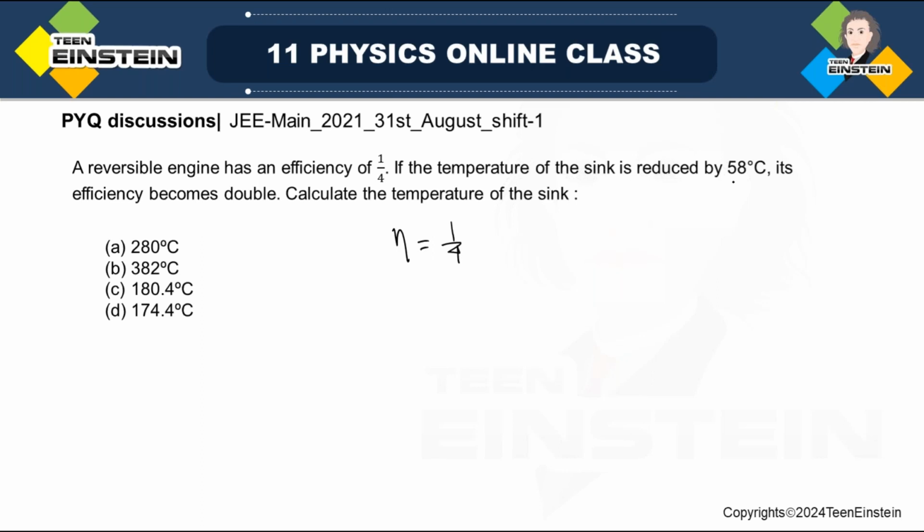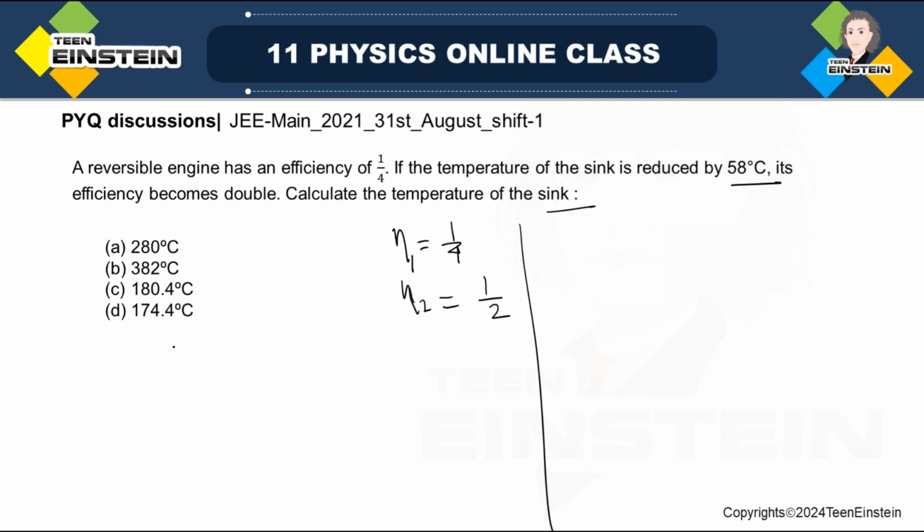If the temperature of the sink is reduced by 58 degrees centigrade, its efficiency becomes double. Calculate the temperature of the sink. I have to find out the temperature of the sink. Okay, so see, this is eta 1 and eta 2 is also given, that is 2 times, that means half. Okay, all right, so calculate the temperature of the sink.